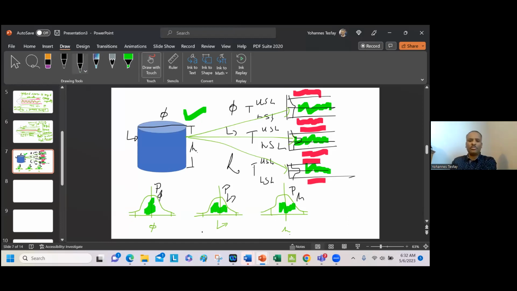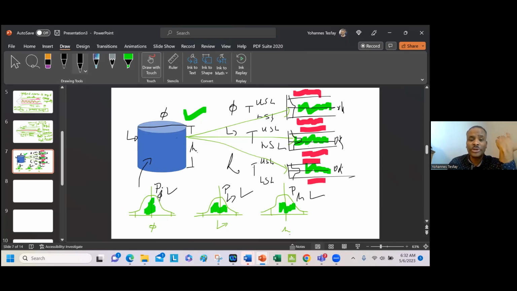So now this product is good if this probability is okay, if this is okay, if this is okay, and if this is okay. Okay, just like that. So this is phi, these are three probabilities. So the probability that this part is good is that this one is good, this one is good, and this one is good.